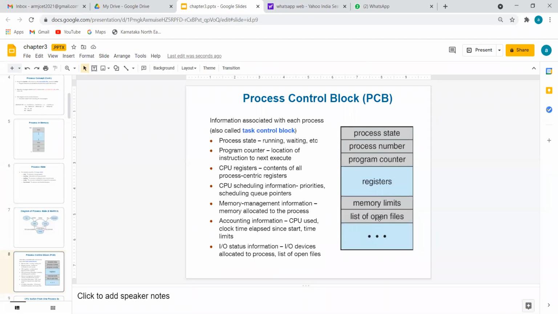List of open files. This is slightly important. Imagine a system call, which we studied at the end of the previous chapter. There is one file, file1.c, in which there are 10 lines. I want to copy those to a second file, from the first file to the second file.